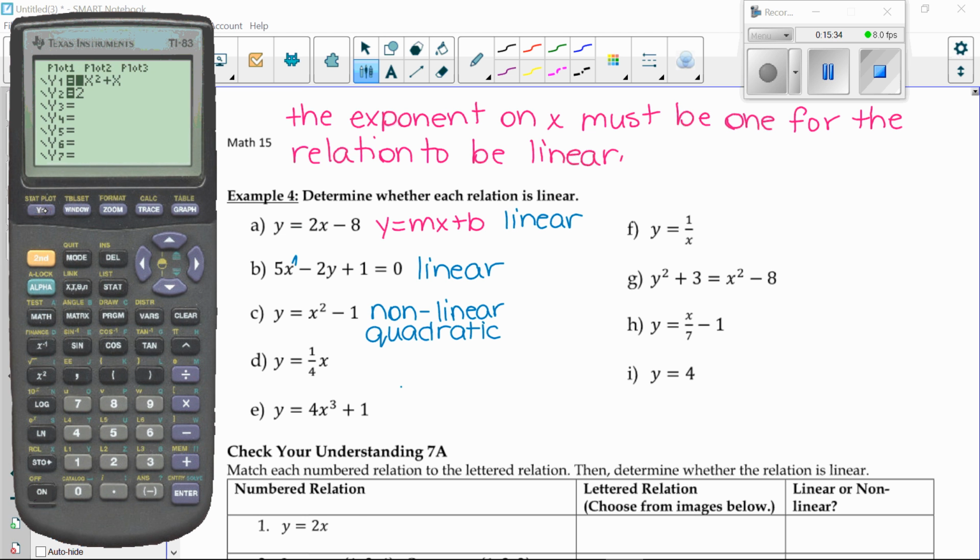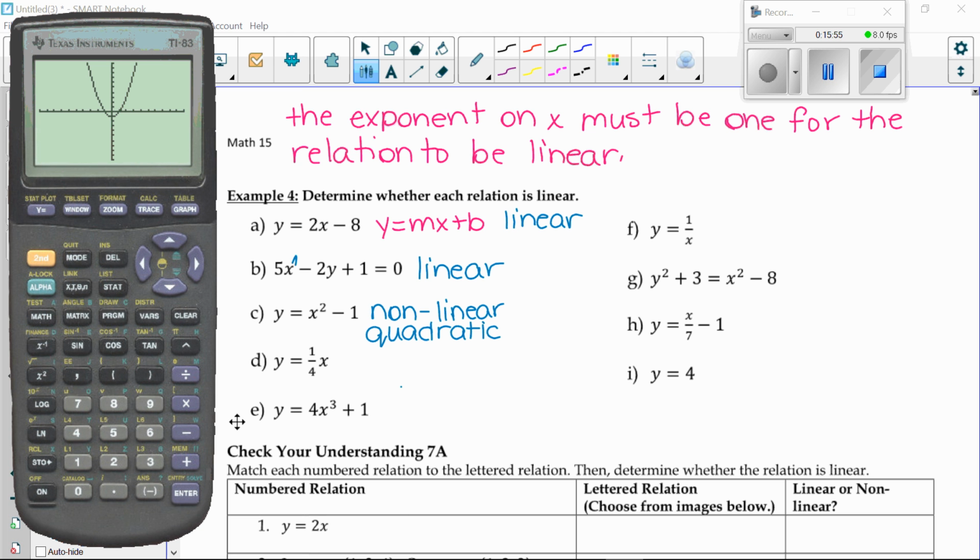Y equals, I'm going to clear my graphs here. It gives me x squared minus 1, and that's what my graph is going to look like.